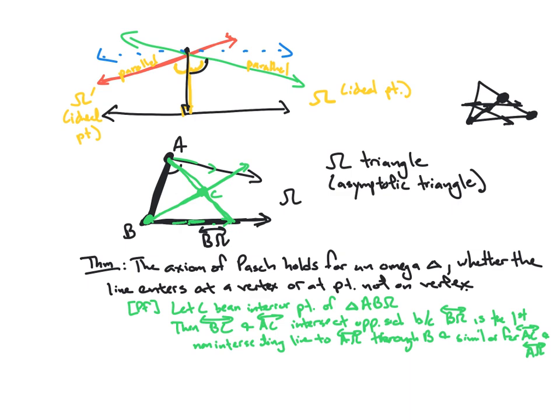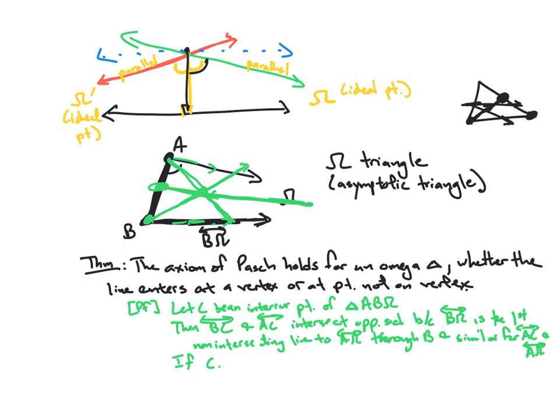Now, the other option here is it could come through the ideal point, right? So what if it comes through this ideal point right here? Okay. So what we need to prove is that C omega intersects AB somewhere. Okay.